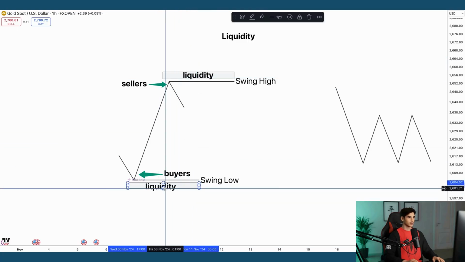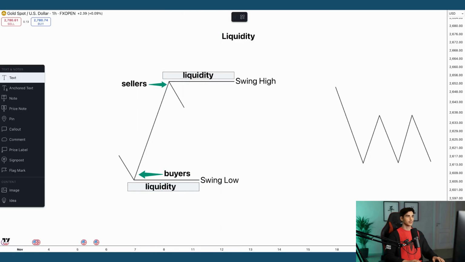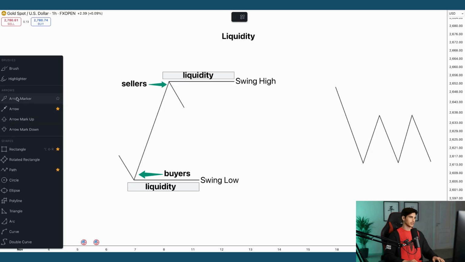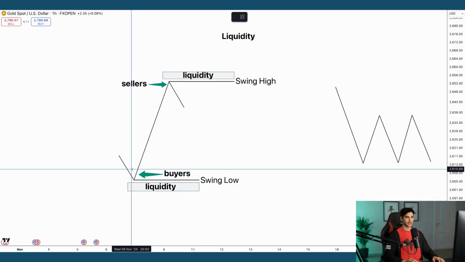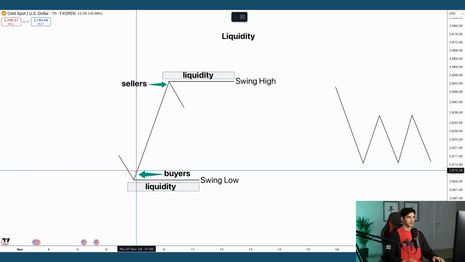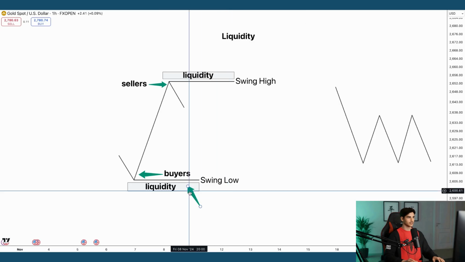Now, why is that? Well, that is because there's a significant number of orders at either of these levels, and markets react to orders. The reason markets move is because of injections of buying orders and selling orders. If we know that multiple buys have been taking place here, potentially thousands by different traders, well, now we know there's a collection of thousands of different orders waiting here in the form of stop losses.